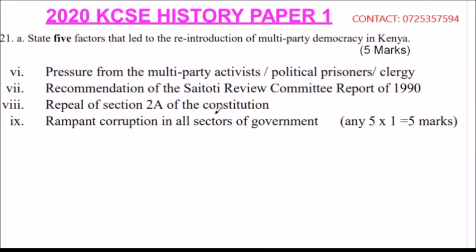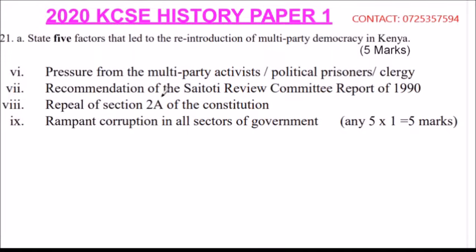Then we have number 6, pressure from multi-party activists, political prisoners, and the clergy. So there are those multi-party activists who fought to force the KANU government to introduce a multi-party. Some people were jailed, others were even killed, so like that.